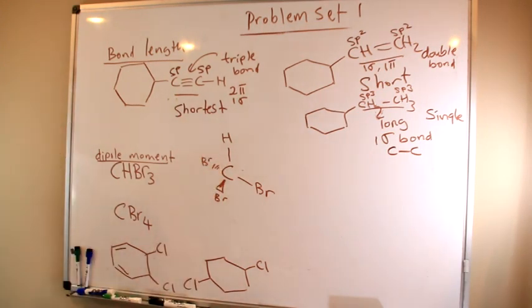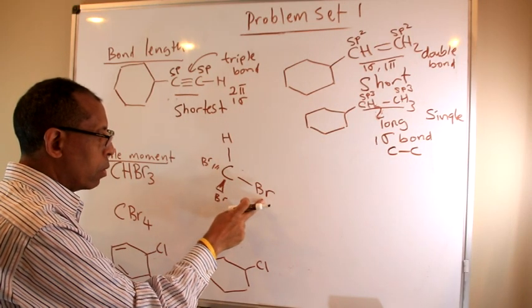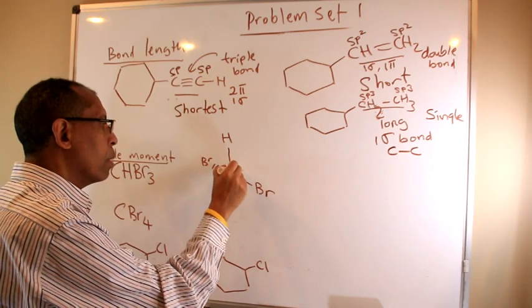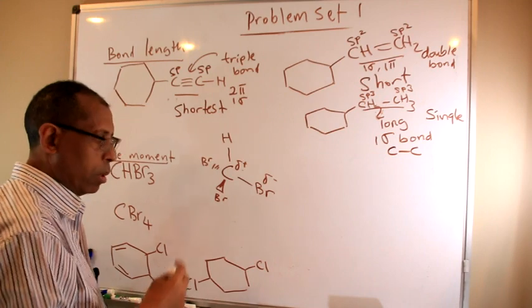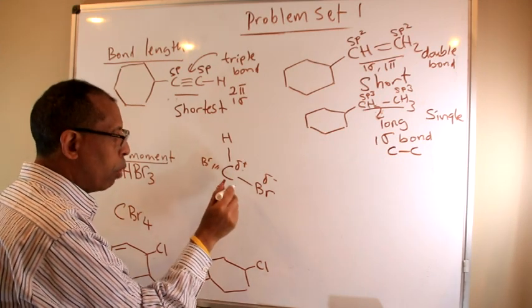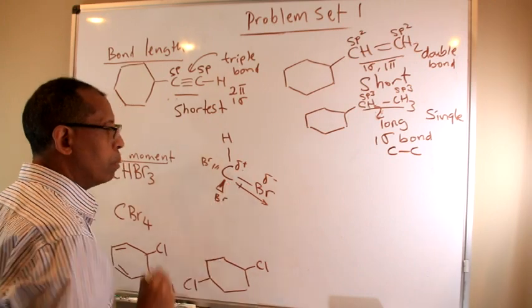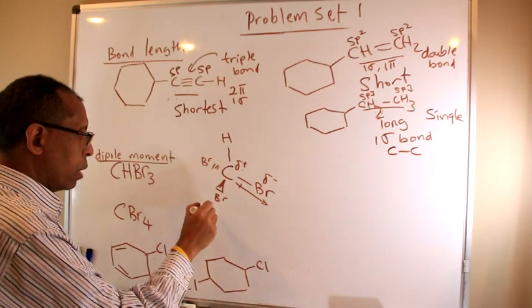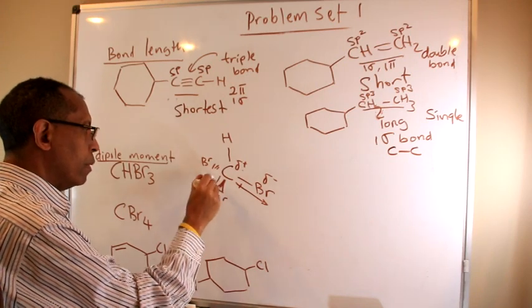Between carbon and bromine there is an electronegativity difference, so delta plus would be here, this is delta negative. That means the dipole moment is showing you a vector like that. Here also delta negative and delta positive.